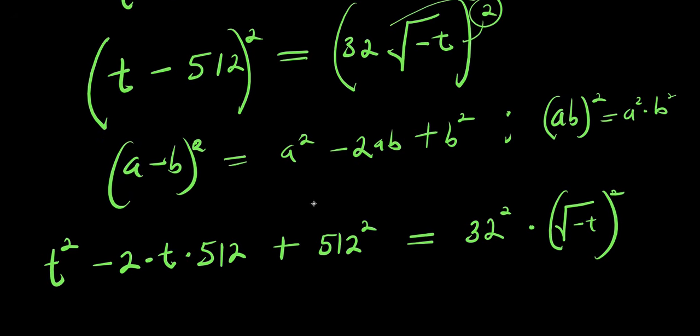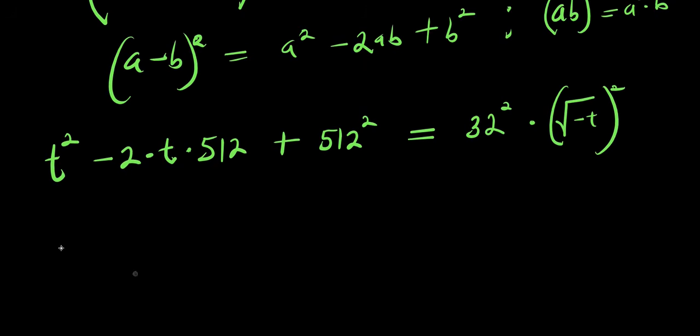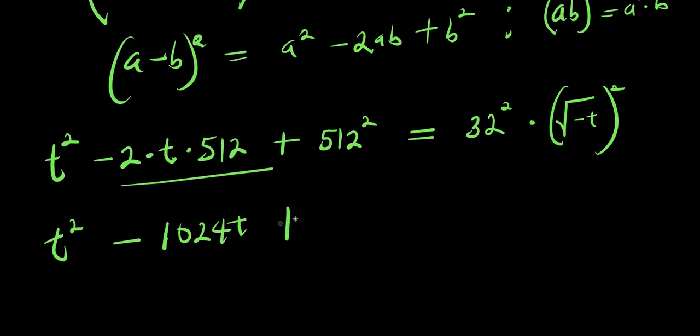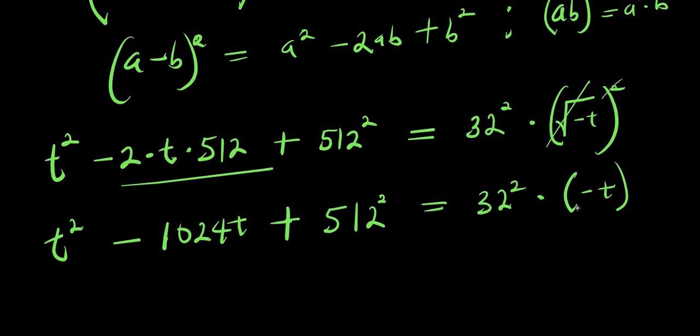So from here, I'll simply have t squared, this will give me minus 1024t, because 2 times this will give us 1024, times t there, plus 512 squared equals 32 squared. We have 32 squared times, this will cancel this, we have minus t.